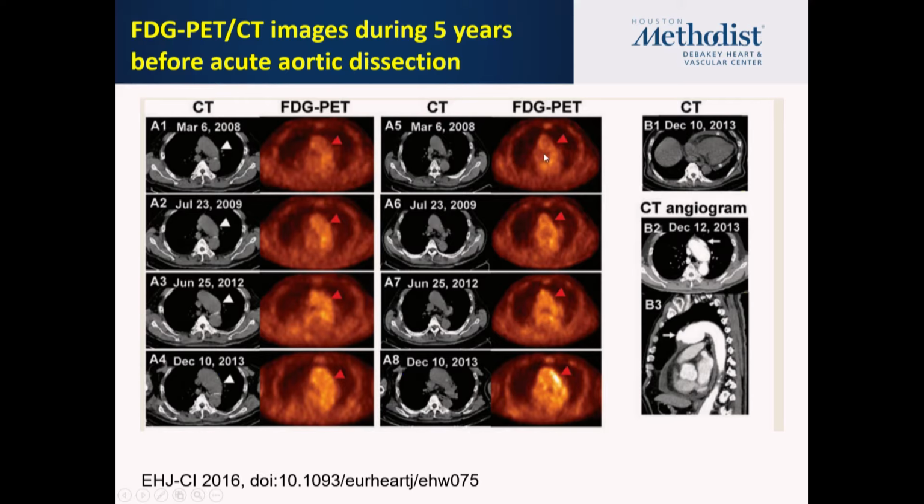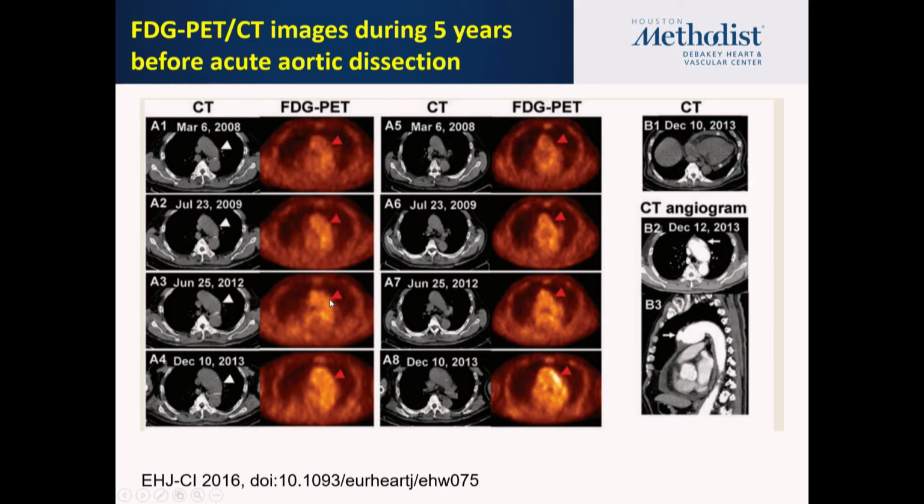But this patient had actually had 5 PET CTs before for lung cancer. So they went back, pulled all these CTs, and started to look at the PET CTs to see if there was any sign that this patient might develop a dissection later on. You can see here there is no uptake in the earlier scans.